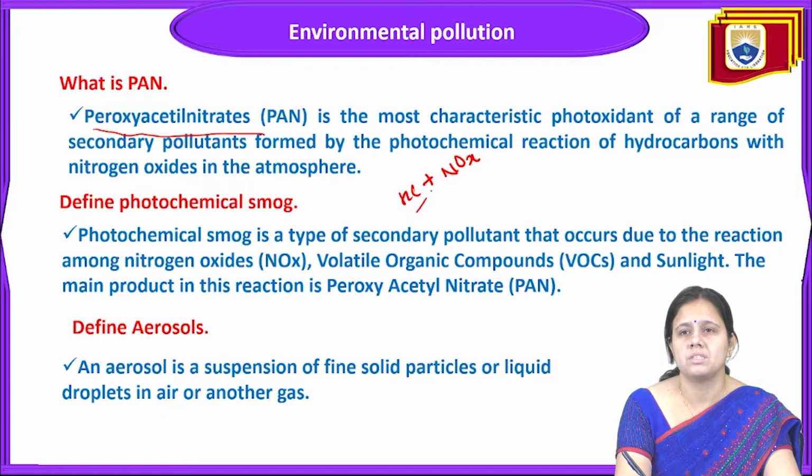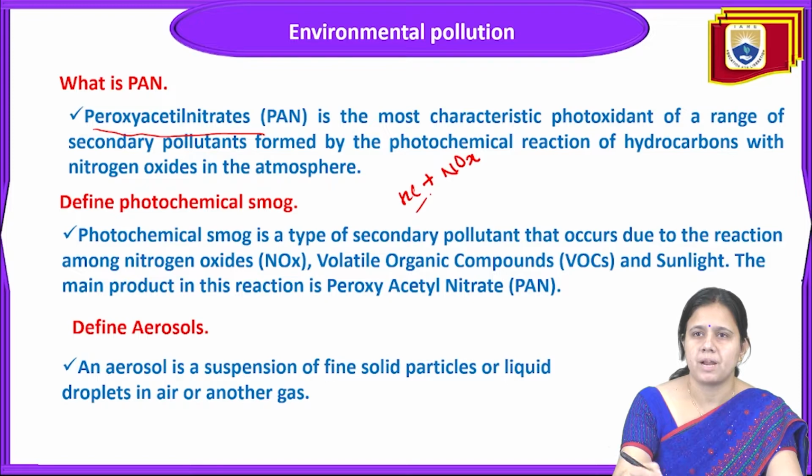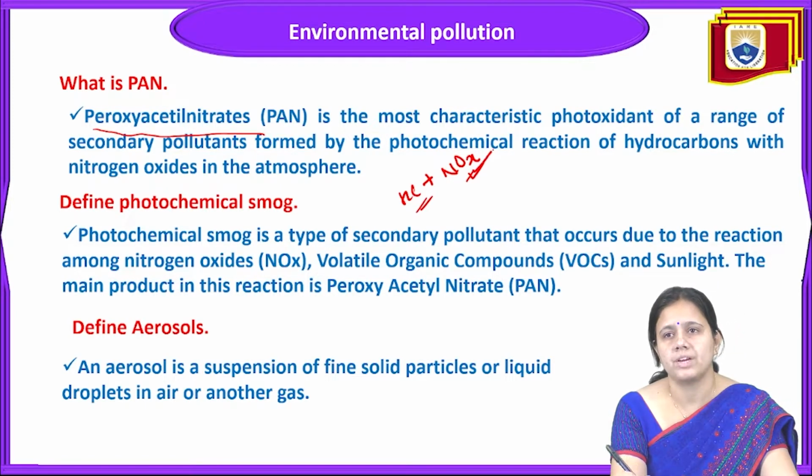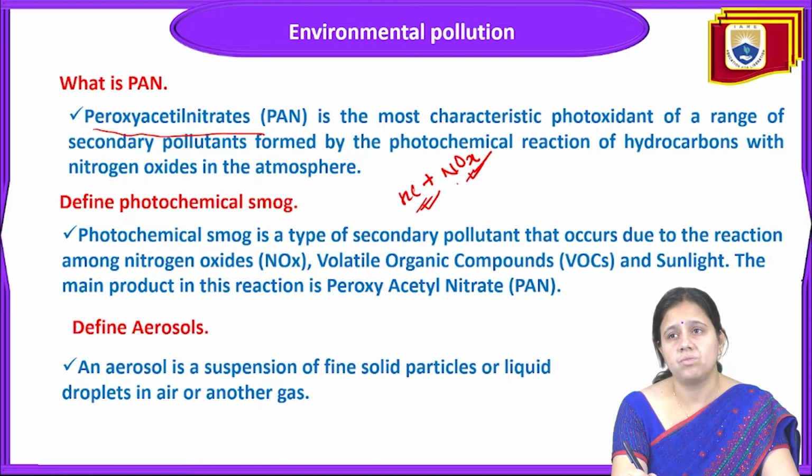Hydrocarbons are a primary pollutant, and NOx is also a primary pollutant. NOx is coming from vehicle pollution, and hydrocarbons come from combustion. After the reaction between these two primary pollutants in the presence of sunlight, a photochemical reaction happens and forms one product, that is PAN, peroxyacyl nitrate.